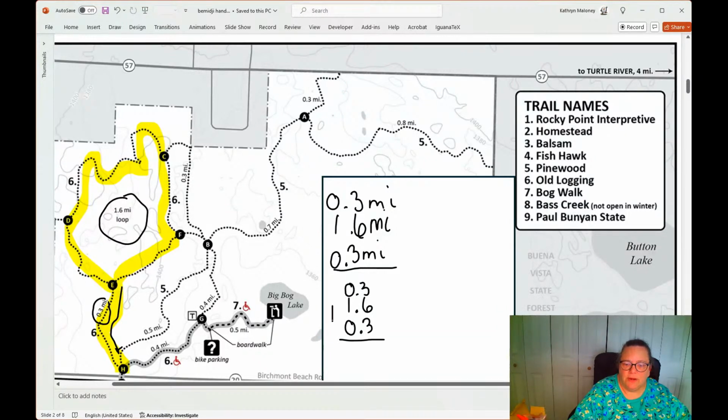Now we're adding. We want to know the total. 3 plus 6 is 9, 10, 11, 12. So I'm going to put a 1 here and a 2 here. 1 plus 1 is 2. So it looks like we went 2.2 miles.